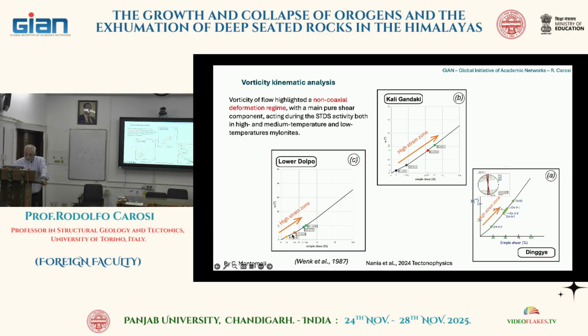So approaching the high strain zone, more or less the meaning of this graph is that there is a non-coaxial deformation, but there is an increase in simple shear up to 70%, 75%. So from pure shear dominated deformation up to simple shear dominated deformation. This by calcite fabric.